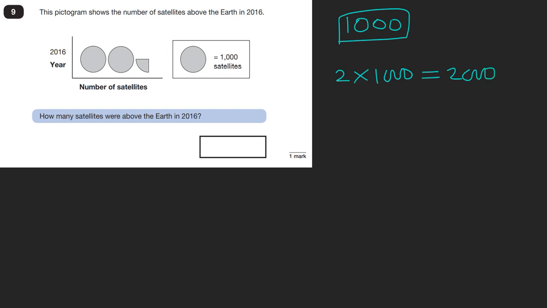And a quarter of a circle, a quarter of 1,000 is 250. If you add everything together, 2,250. And that is the answer. We are going to move on to the next question.